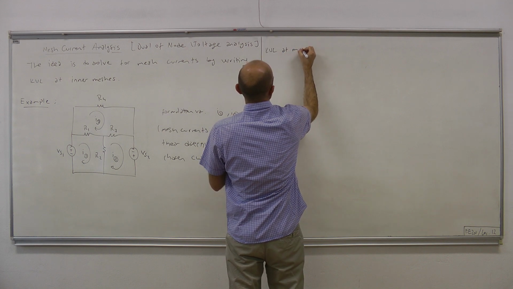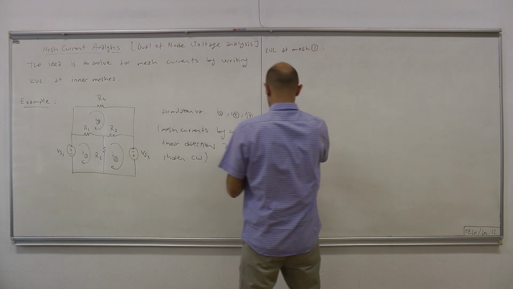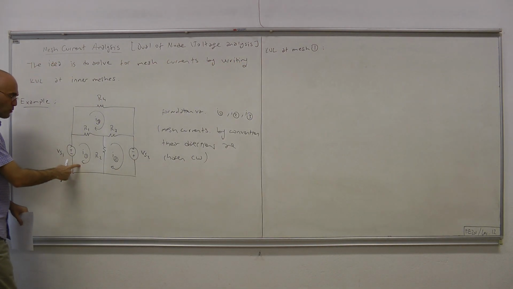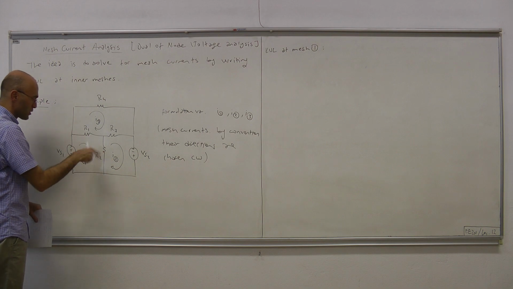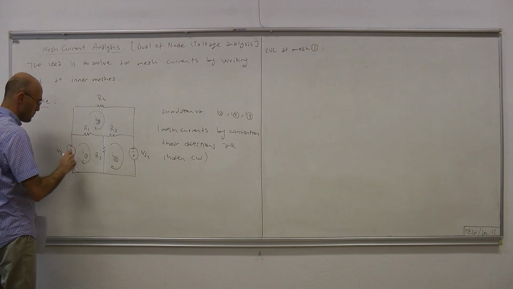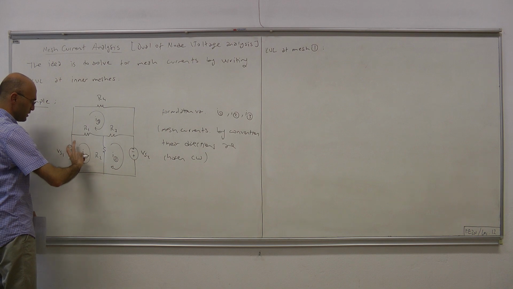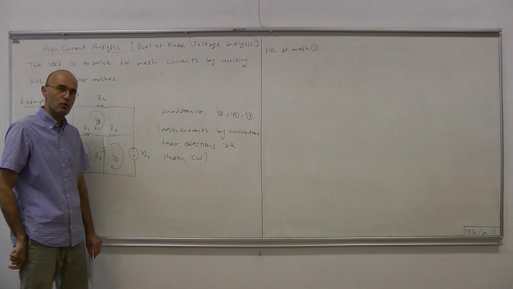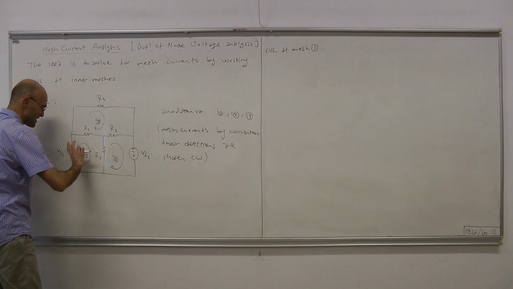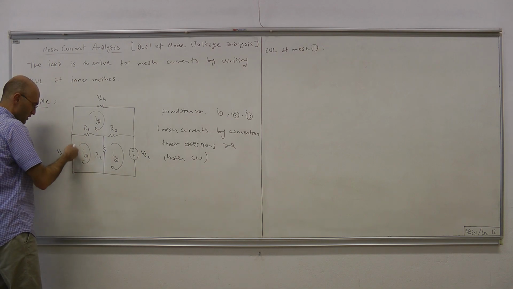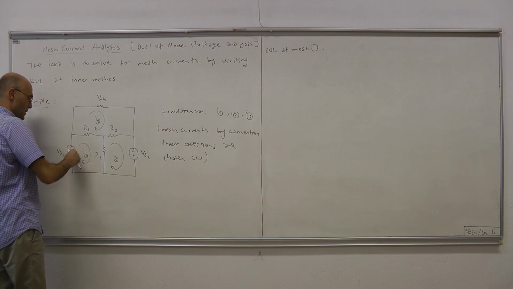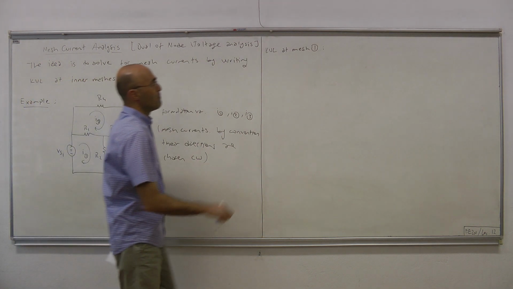KVL at mesh 1. Suppose that we start from this point, and this is the direction of our mesh, clockwise. What we will do is sum these 3 voltages, plus minus, according to the direction of the mesh. The first voltage is plus minus this voltage, and since the polarity of this voltage source is minus plus, we put a minus VS1.